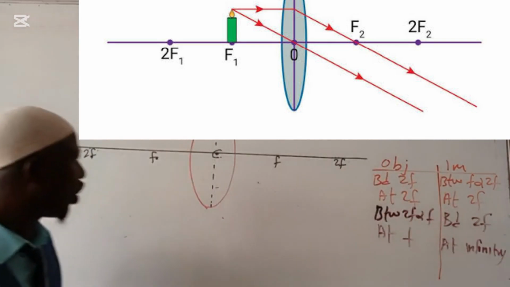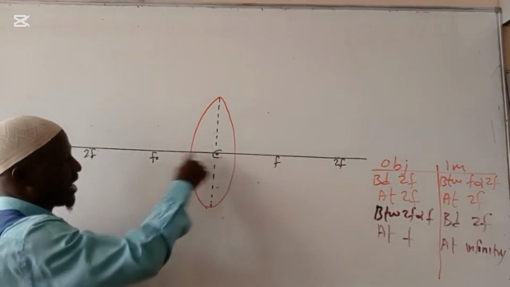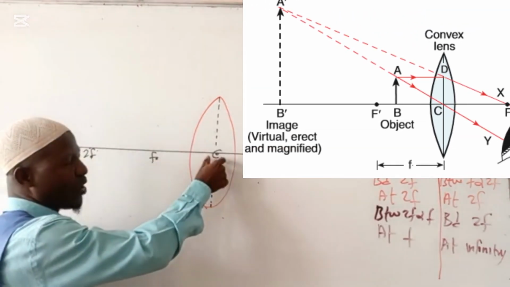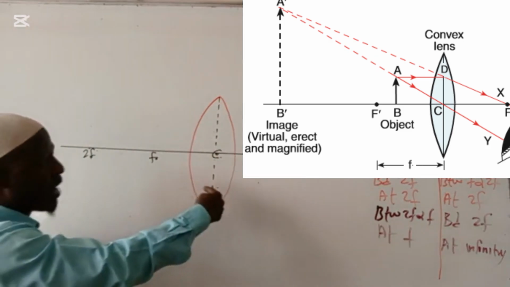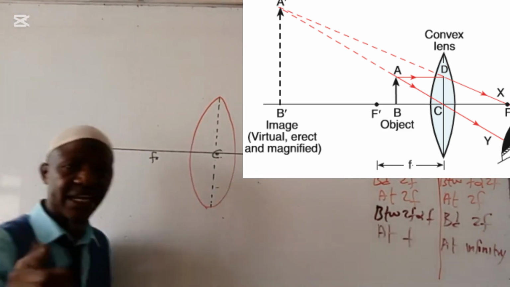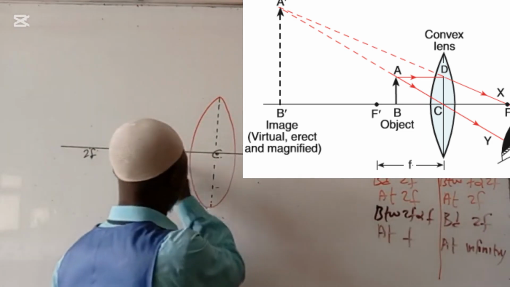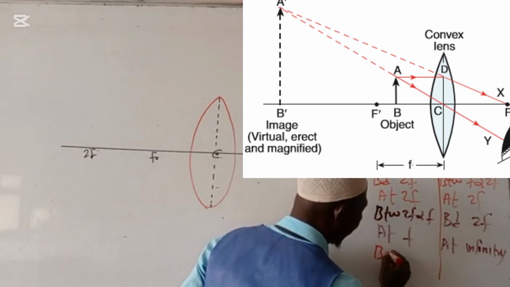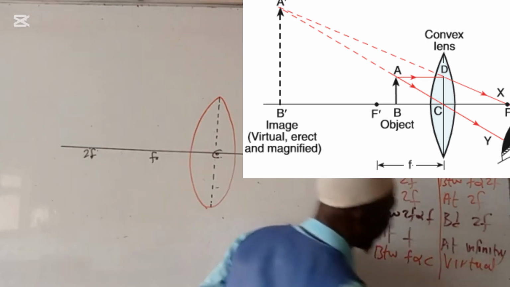Then if you place the object between F and the optical center, your image will not form on this side, instead it forms on the other side. In that case, we are going to have a virtual image. So an object between F and C gives a virtual image.